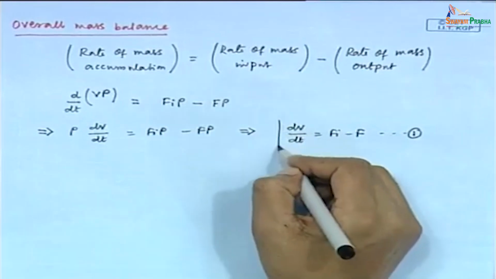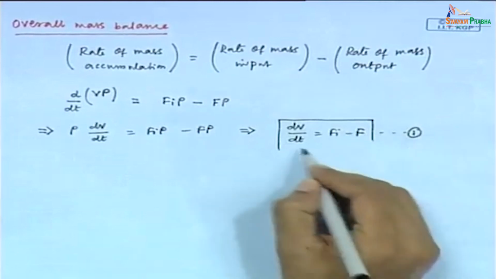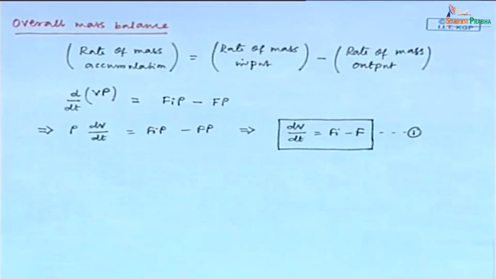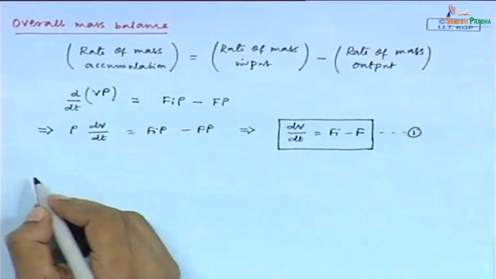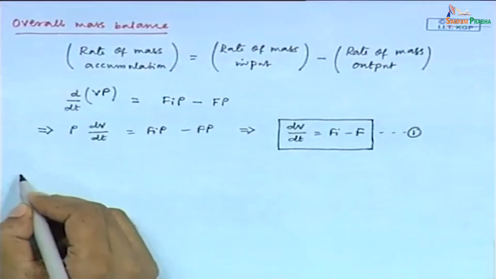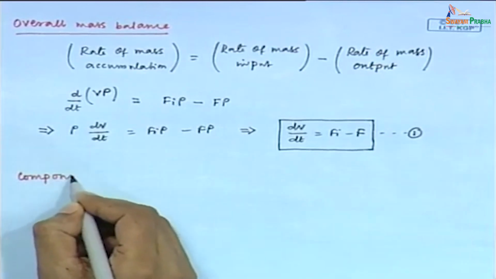This is the mass balance equation. Similarly, we can go for the mass balance of component A, or you can say the component mass balance, which we will consider next.